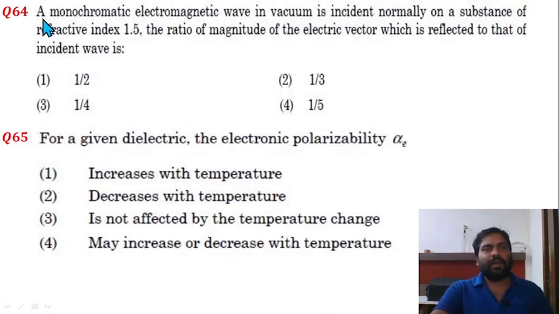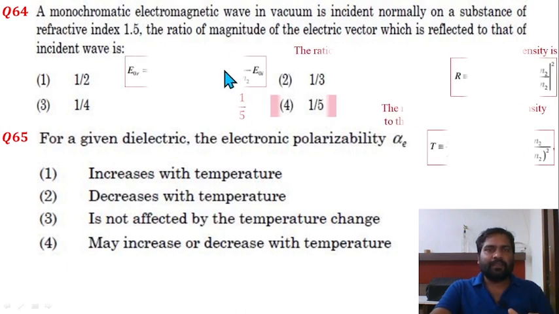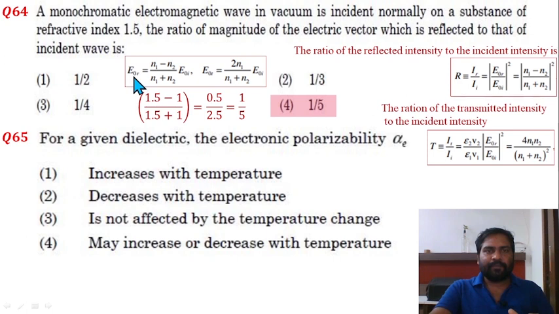Question 64. A monochromatic electromagnetic wave in vacuum is incident normally on a substance of refractive index 1.5. The ratio of the magnitude of the electric vector reflected to that of the incident wave. So this is the formula. This is the reflected amplitude and this is the incident amplitude. The reflected amplitude is equal to n1 minus n2 divided by n1 plus n2 times the incident amplitude.